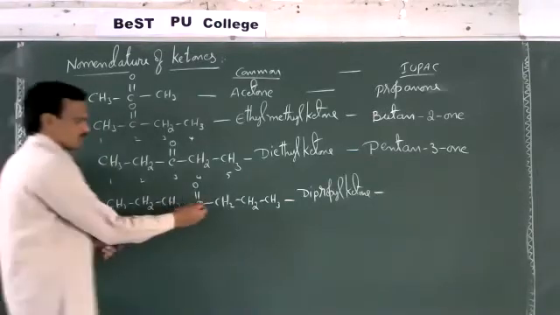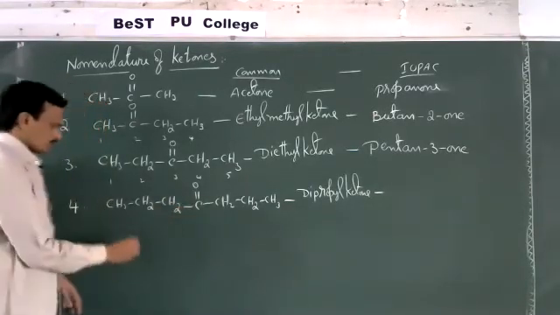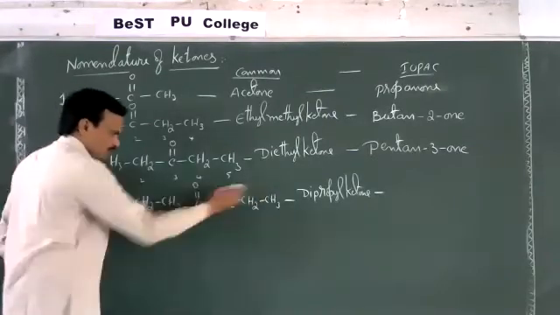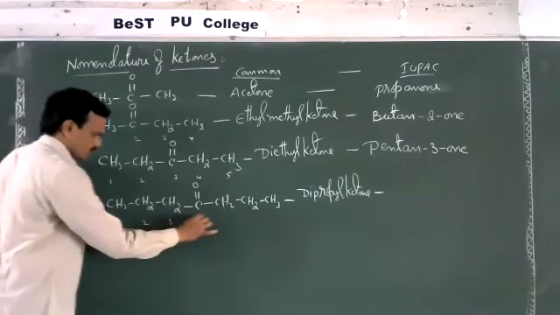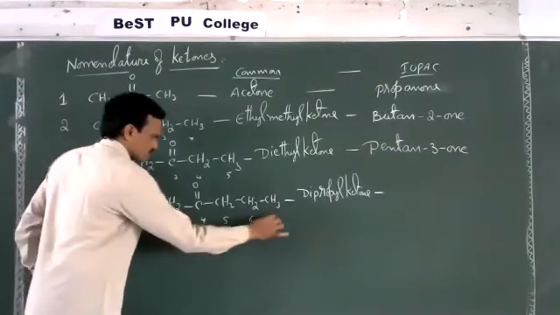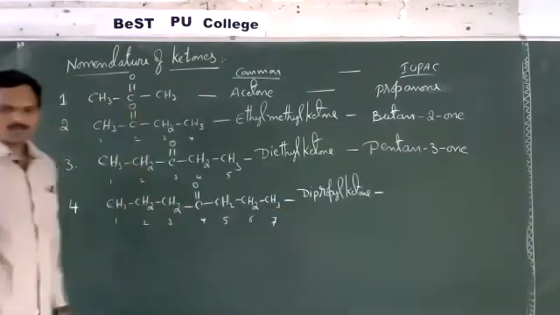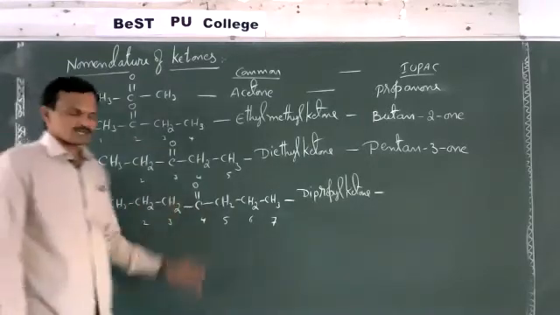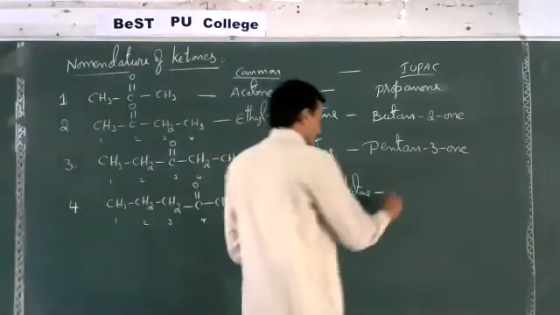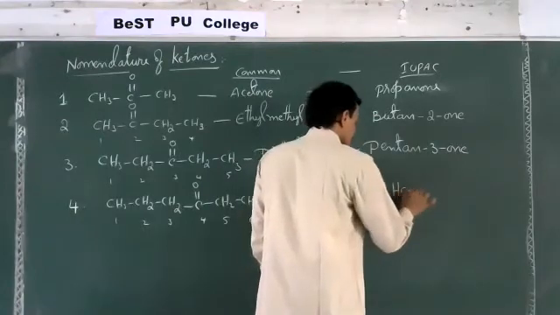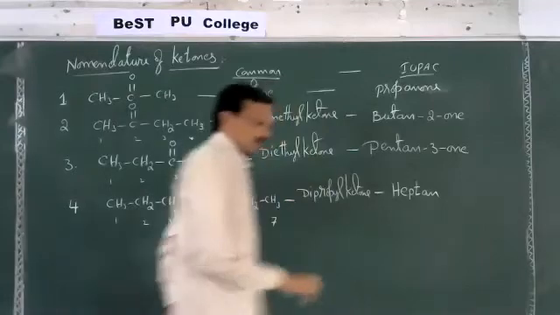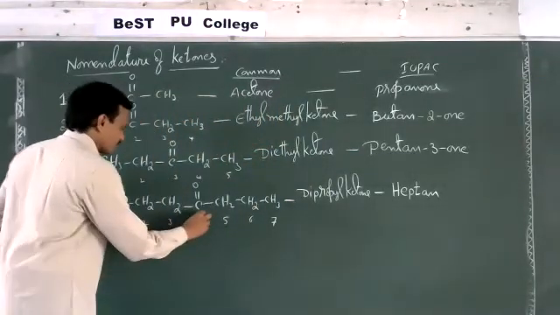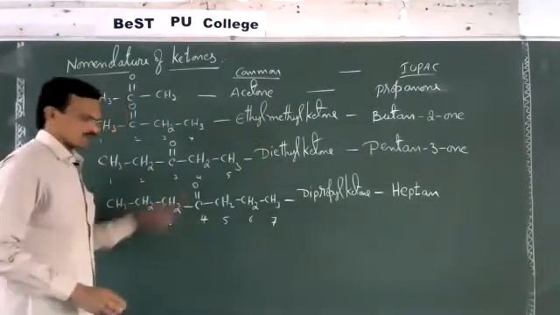Now give the IUPAC name by giving numbering. From either side, this carbon will get the fourth position only. So 1, 2, 3, 4, 5, 6, 7. So totally there are 7 carbons. So the root word is hept, ane, heptane, and at the fourth position the keto group is there.